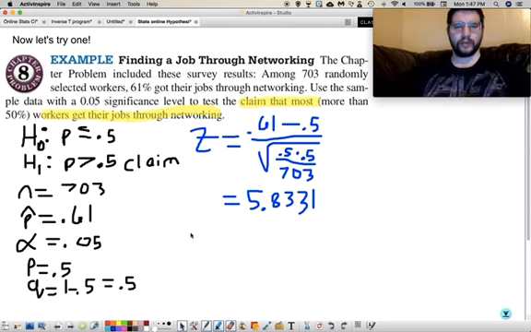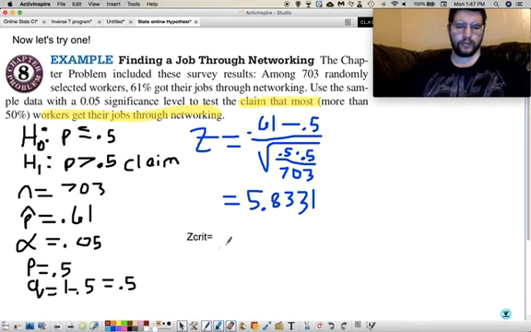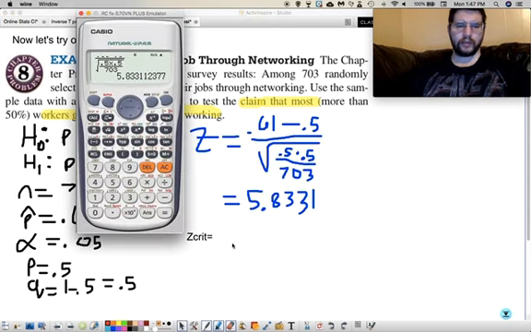Now I need my critical values. Let's see, a greater than, so it's a right tail. I'm going to use my calculator again.